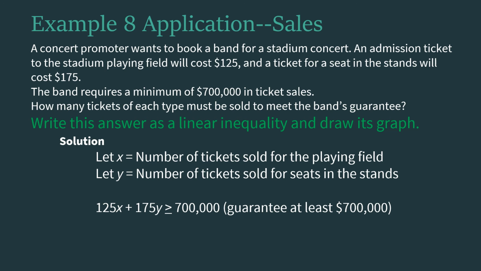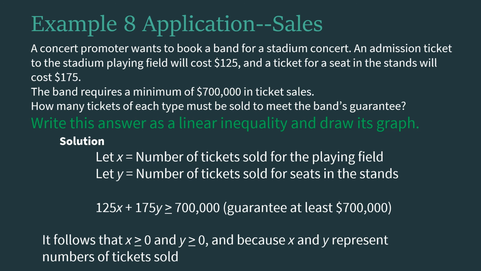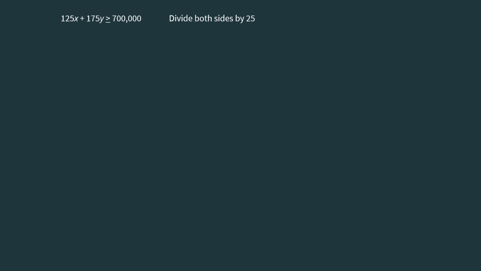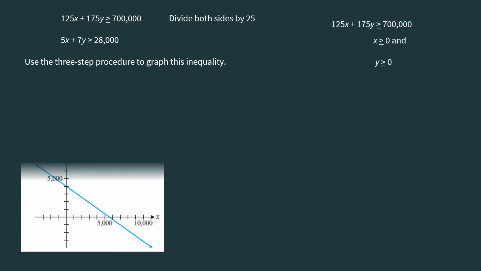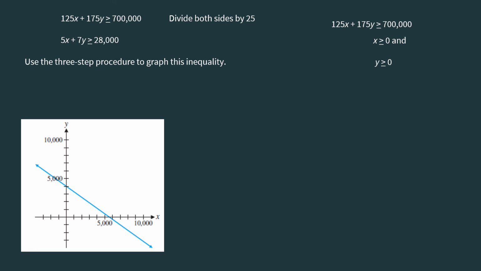And also there are some restrictions for x and y. Since x and y represent the number of tickets, they cannot be negative. They must be greater than or equal to 0. So we have these three inequalities: 125x plus 175y greater than or equal to 700,000, x greater than or equal to 0, y greater than or equal to 0. You can simplify this, or you can just take that equation and then we can construct that equation. You can even use your GeoGebra to construct this.